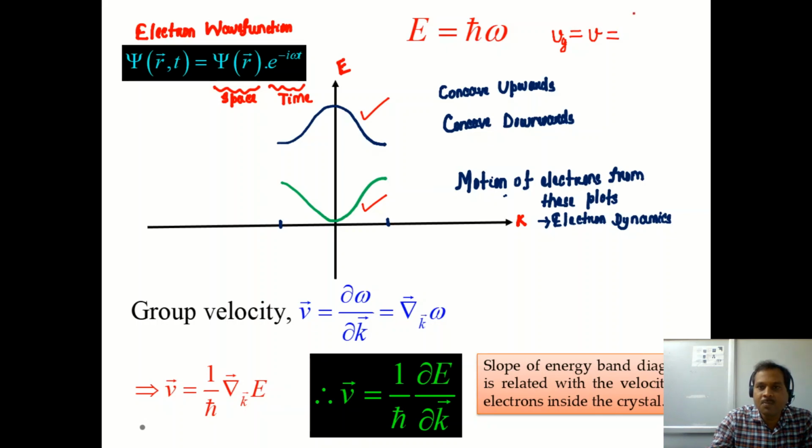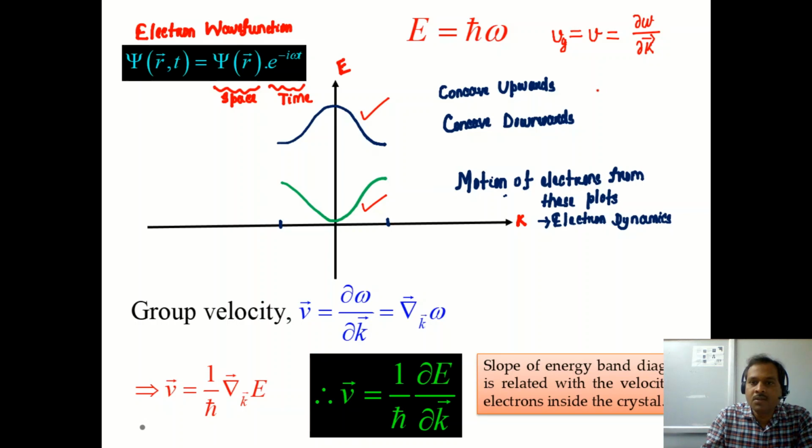We know it can be written as del omega by del k. In this case, k is a three-dimensional vector which is defined in the reciprocal space. So the group velocity can be represented as del omega by del k.